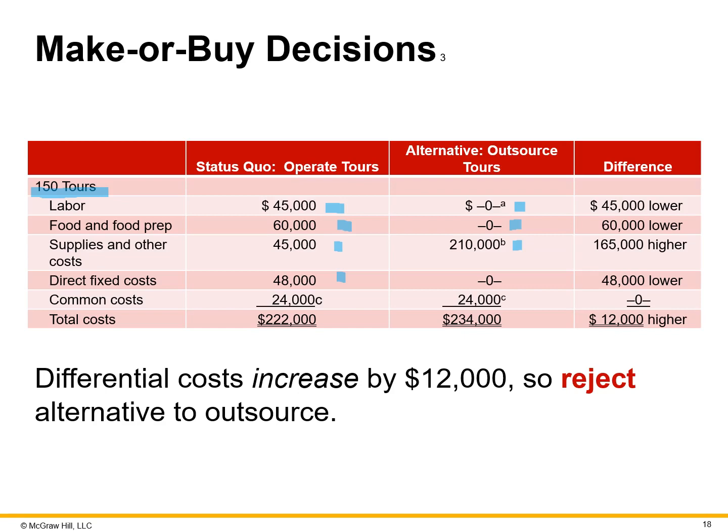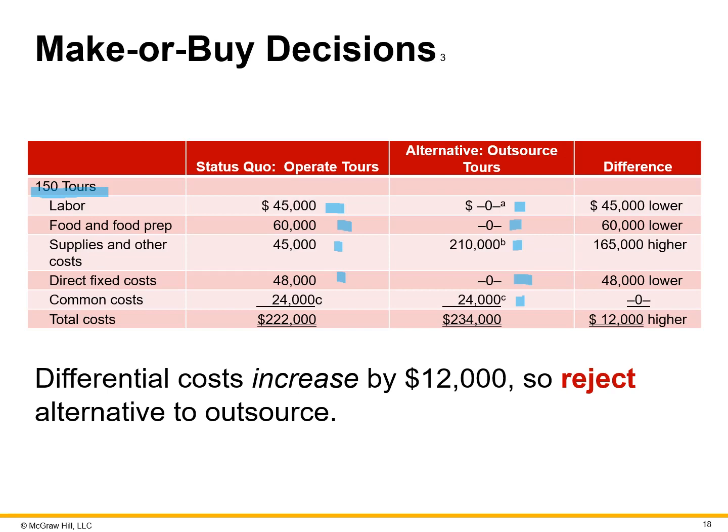Common costs can be something like costs related to the accounting department or the payroll department. So those costs wouldn't change whether we conduct the tours ourselves or we outsource the tours.